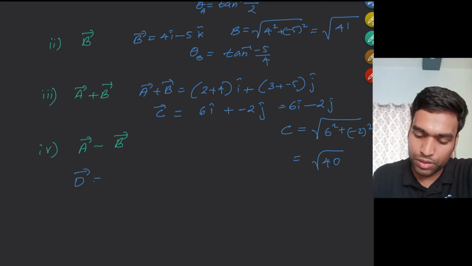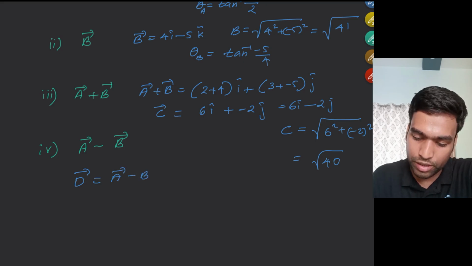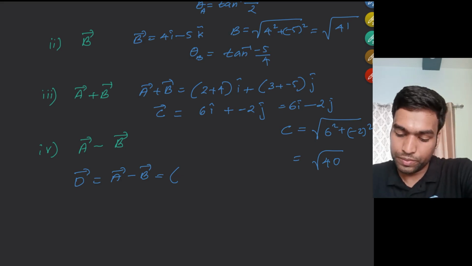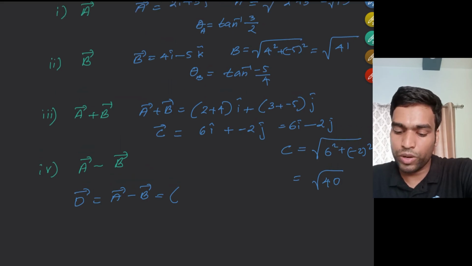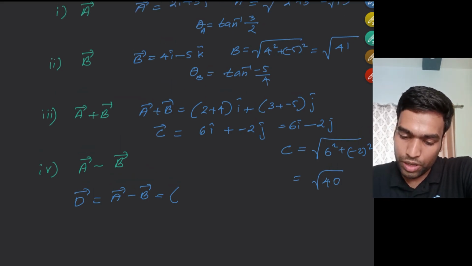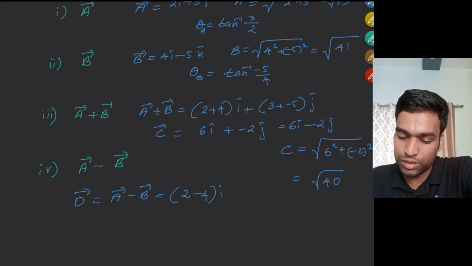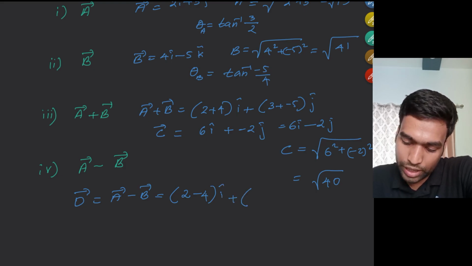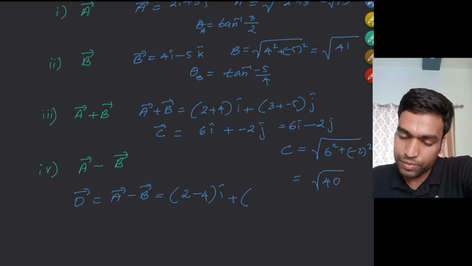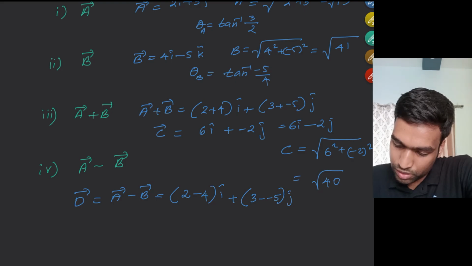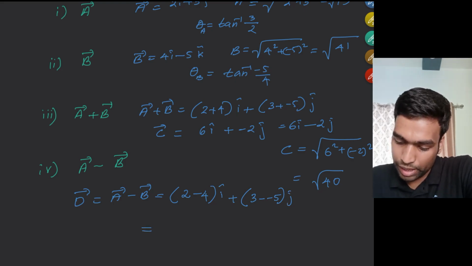Now a minus b, let me call that D equals a minus b, which is, you just have to subtract the common x terms and y terms. We have a as 2i cap plus 3j cap, so the x component is 2, and the x component for b is 4, so 2 minus 4 i cap, then subtract the y components, 3 minus 5 j cap.